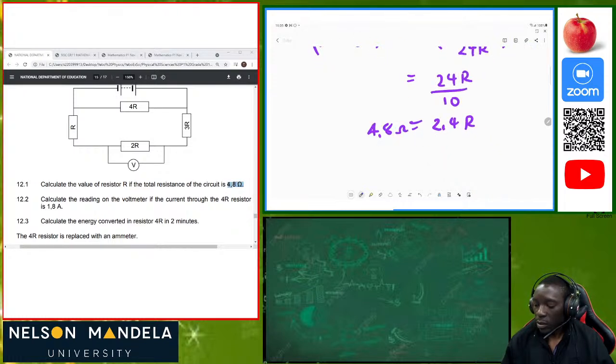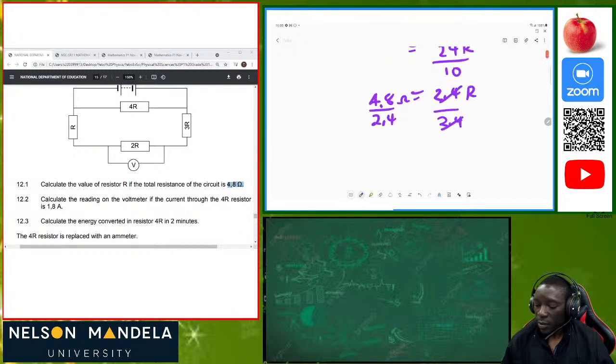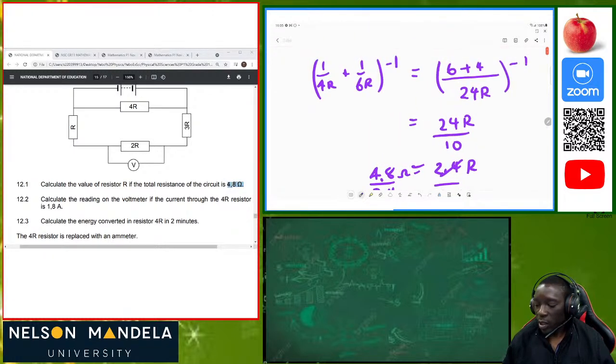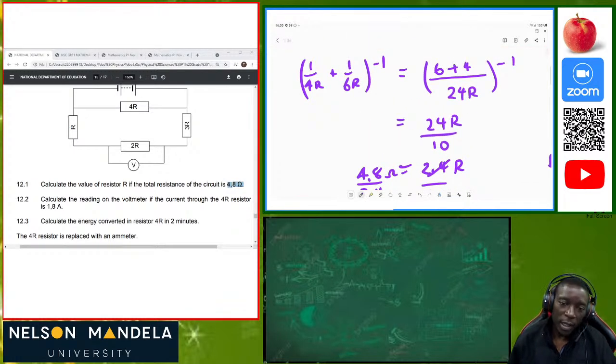So this 2.4R will give us R of 2 ohms. So it's up to you to choose which method you think is simpler. And usually the simpler one will be the faster one for you. So you choose one that is simpler for you. So that's part 1.